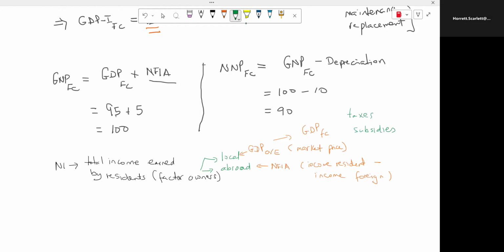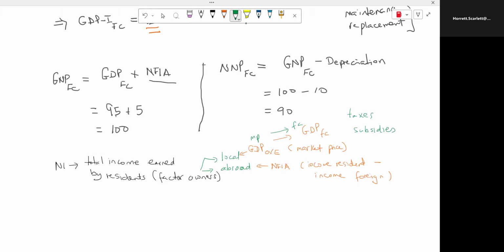And if we're going from market price to factor cost, then we're asking ourselves, what does the factor owner actually get? So does the factor owner get taxes, the indirect taxes? And the answer is no. But we know that GDP at market price would account for those taxes because the consumer is actually paying more based on these taxes.